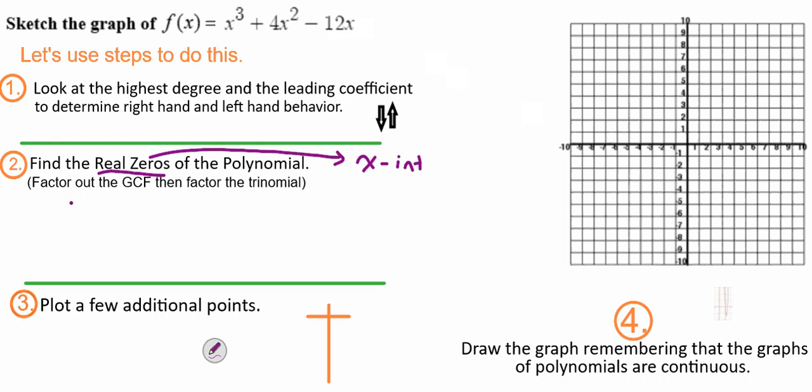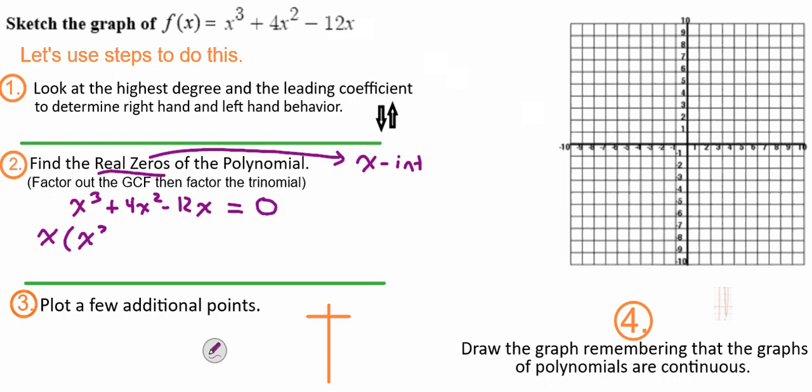So when I look at x cubed plus 4x squared minus 12x, instead of writing equals y, I'm going to write equals 0, because we want to know where this function is equal to 0. Where is y equal to 0? Well, of course, that's going to be on the x-axis. So I'm going to go ahead and factor out the GCF, the x.